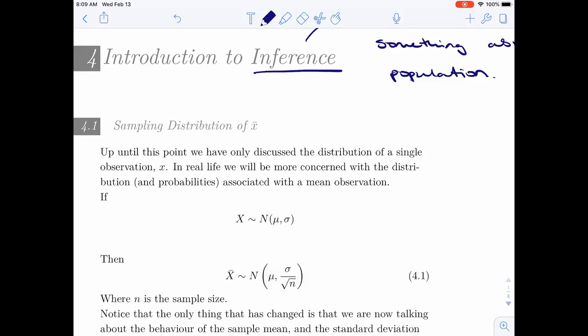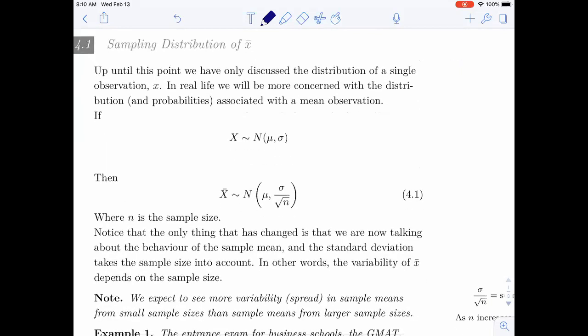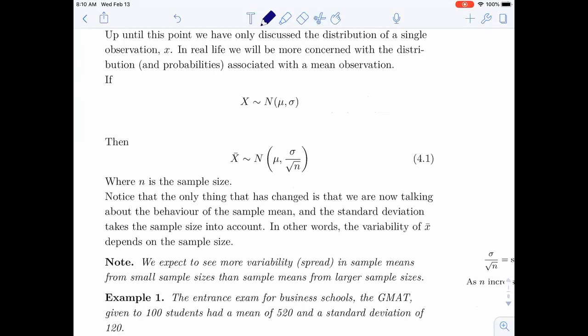And so for that reason, this little chunk, sigma over root n, we call it the standard error instead. But it's essentially the standard deviation of the mean. And so this here is the standard error.